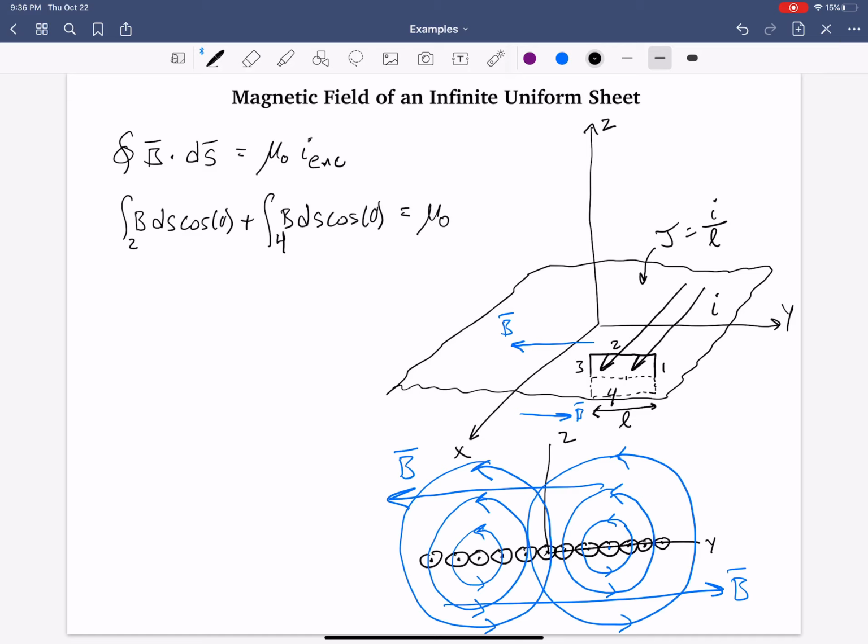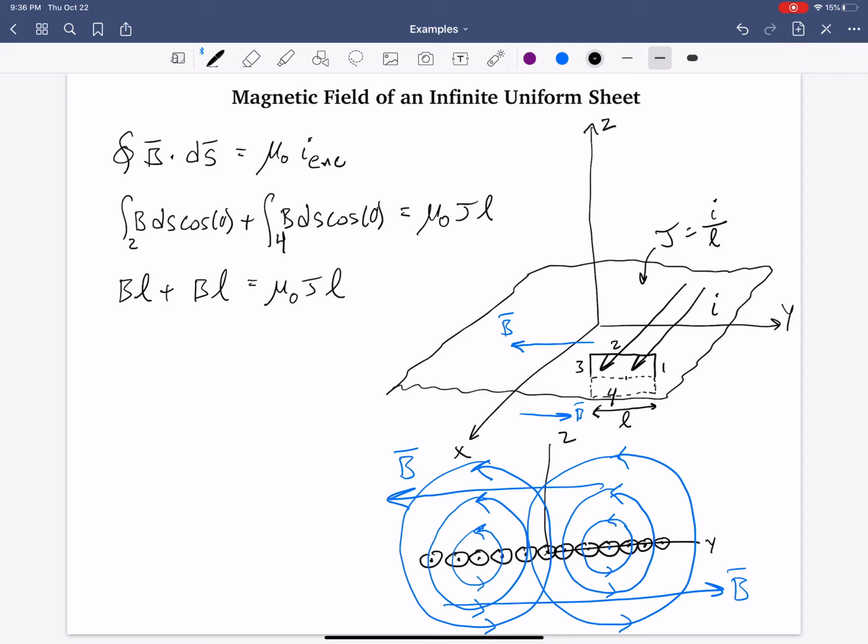It's a current density, I over L. And so that's equal to J times L, okay? And so the left side of our integral is fairly straightforward. The integral of ds, well, that's just L. BL, we're adding plus BL there. And that's equal to mu naught J times L.